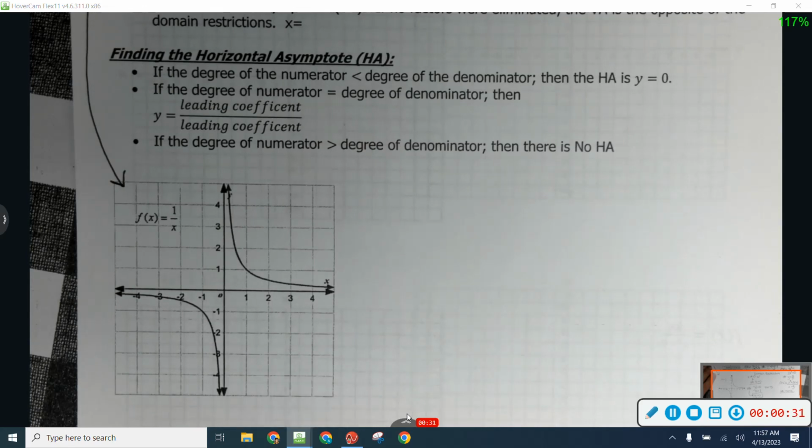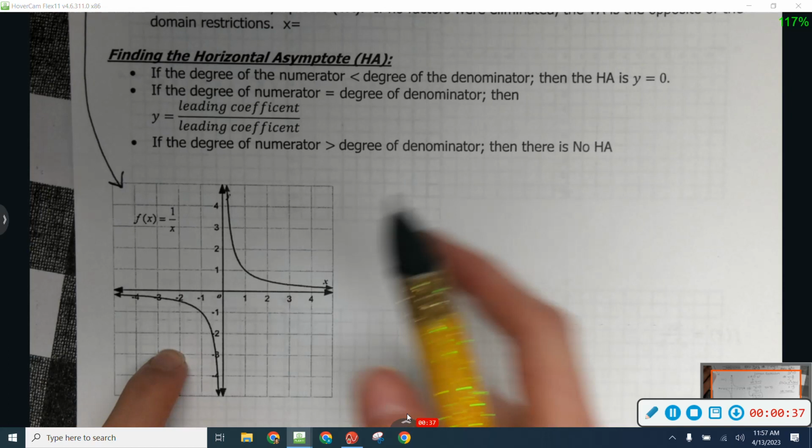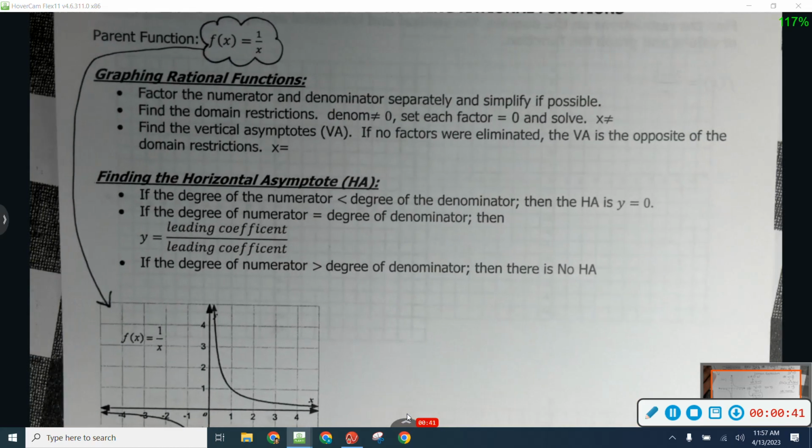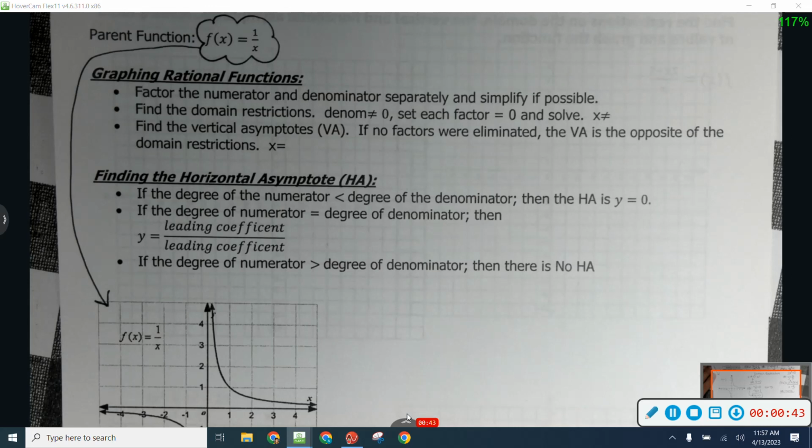Okay, it looks like you have two graphs on one. So there's going to be times where you have two separate sections. There's going to be times where you have three sections. Okay, so what splits it is what we call the asymptotes. Okay, so in Algebra 1, you should have learned about exponential growth and decay, and those have asymptotes.